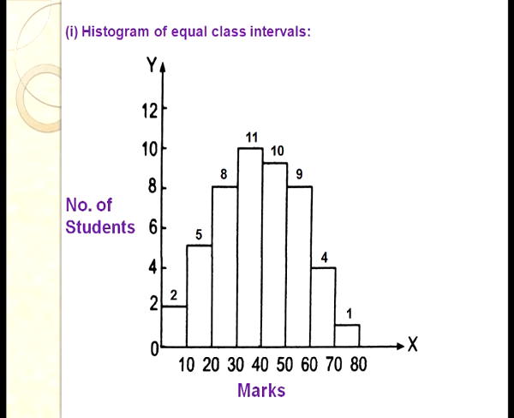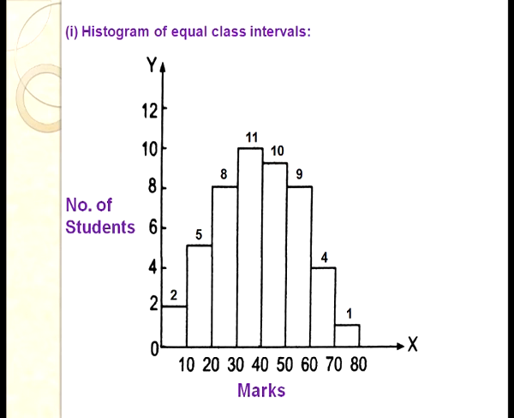For 10 to 20, the frequency is 5, we have made another bar. For 20 to 30, the frequency is 8, another bar. For 30 to 40, the frequency is 11, another bar. Likewise, we have made all the bars according to their frequencies.